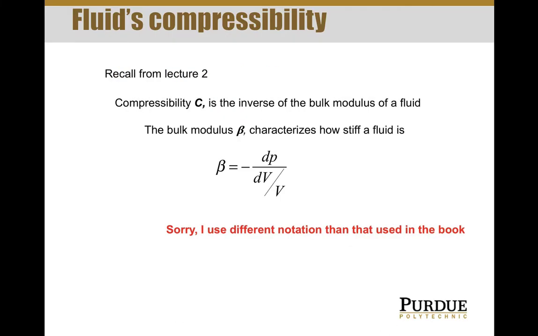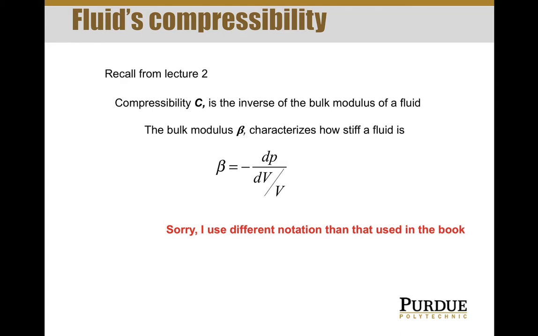system. So, if you recall from lecture 2, compressibility is the inverse of the bulk modulus of a fluid. And the bulk modulus is a fluid characteristic that tells you how stiff a fluid is, how difficult it is to compress that fluid or expand it too, if you're trying to create a vacuum to pull it out.